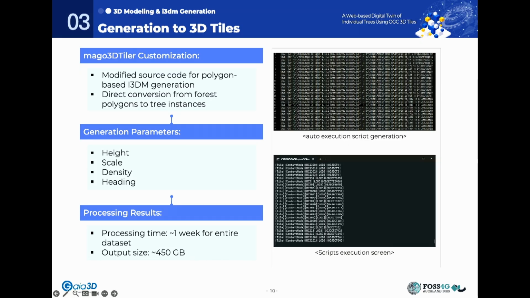The main parameters used in the generation process were height, scale, density, and heading. By using these, we could accurately capture the characteristics of each tree. It took about 1 week to build the entire dataset. In the end, this generated roughly 450 gigabytes of tiles.